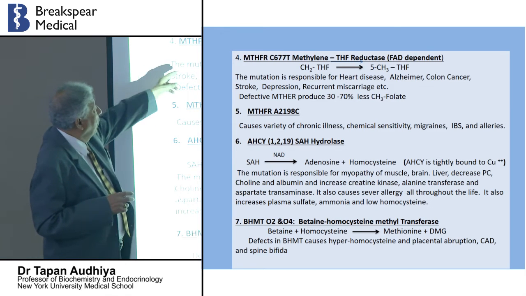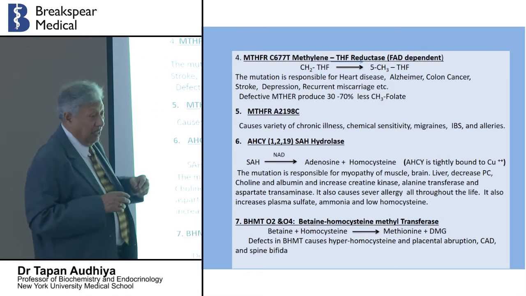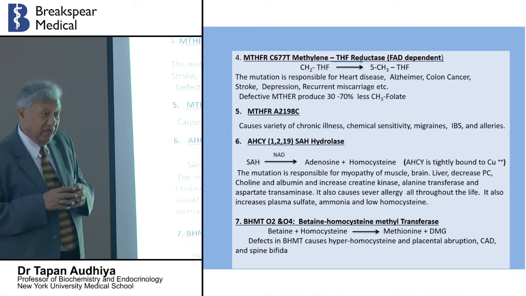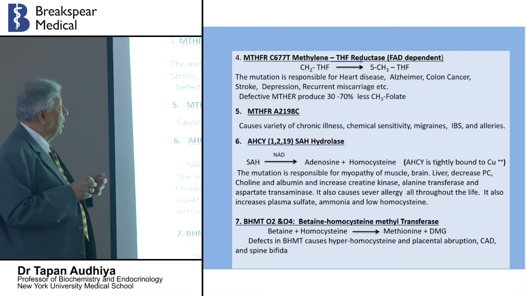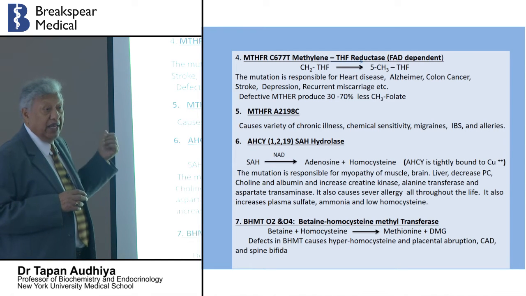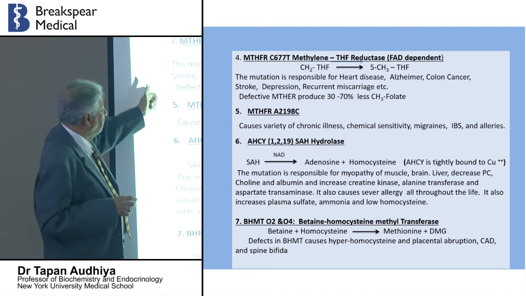For example, this one is a FAD, that means vitamin B2 dependent enzyme. In many cases, when the mutation causes the uncoupling of vitamin B2 with the enzyme, then you are in a big trouble. So there are ways to handle that too.